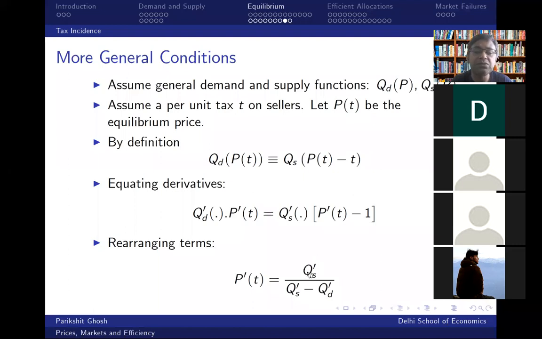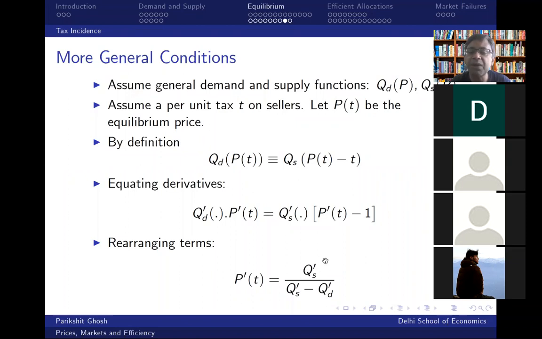Now, since it depends on the relative slopes, it will also depend on relative elasticities, and that's a very easy manipulation. Starting from here, we can multiply both numerator and denominator by P divided by Q. So what do we have in the numerator? We have dQs/dP.